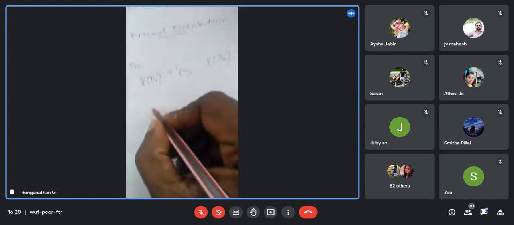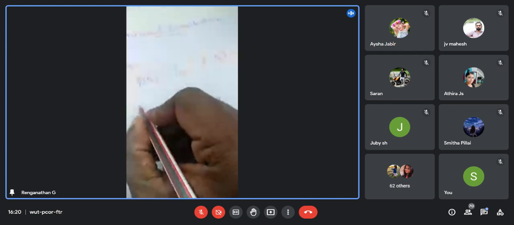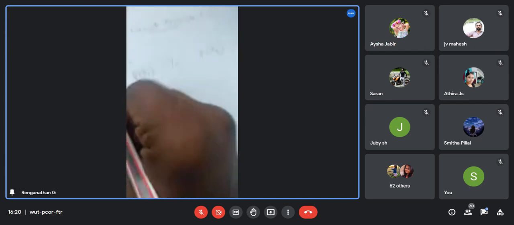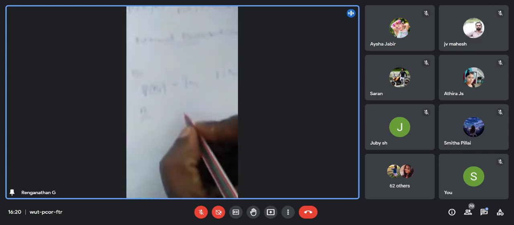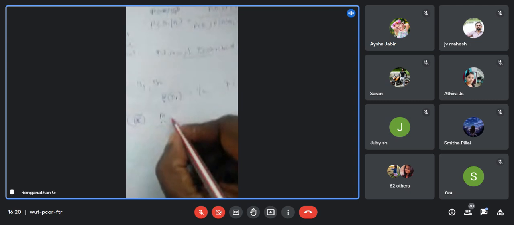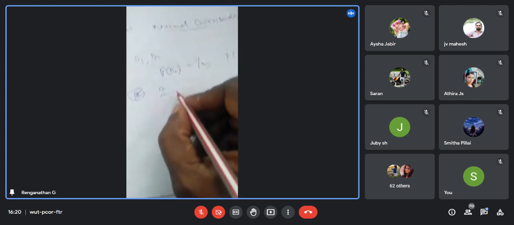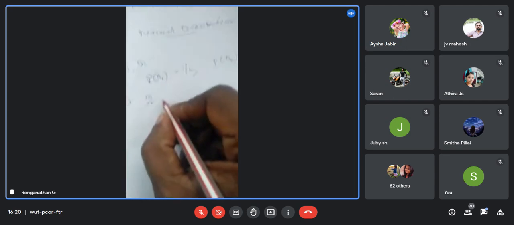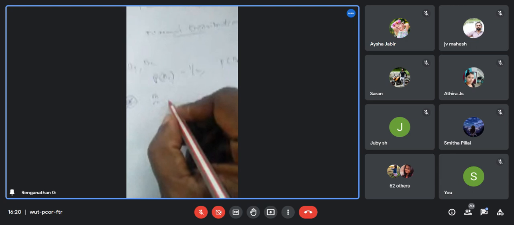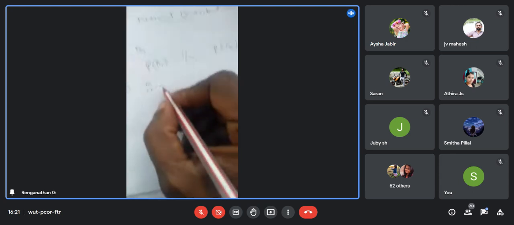What is the probability of selecting a white ball out of the first box? If you consider the selection of the white ball as A, what is the probability of selecting the white ball out of the first box? We can see that in the first box, there exist 5 white balls, and the total number of balls is 5 white and 4 black, meaning 9 balls, isn't it?